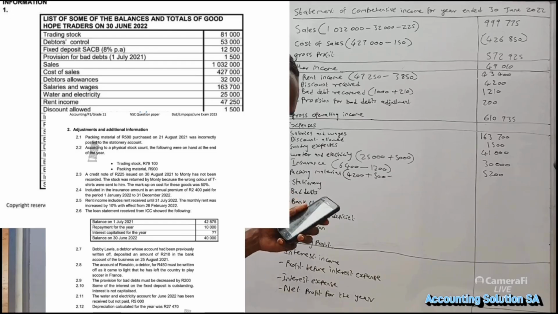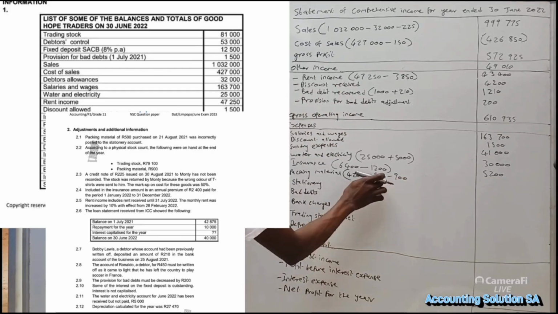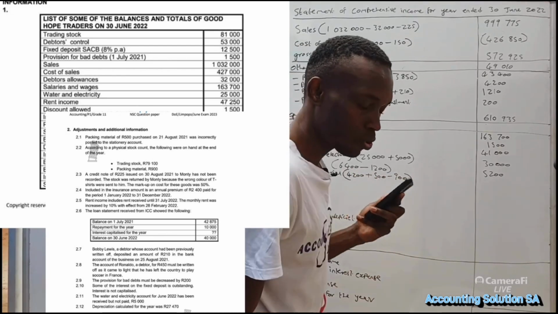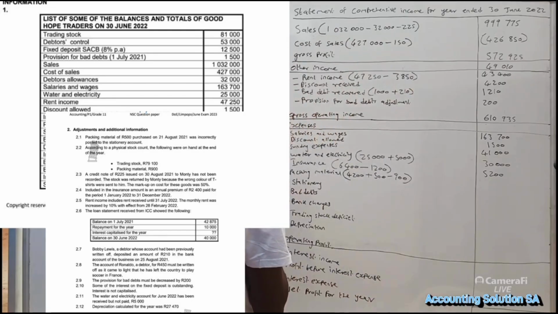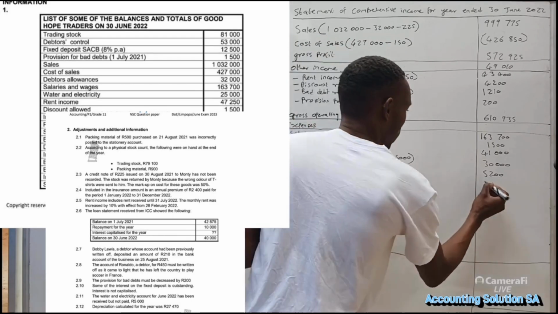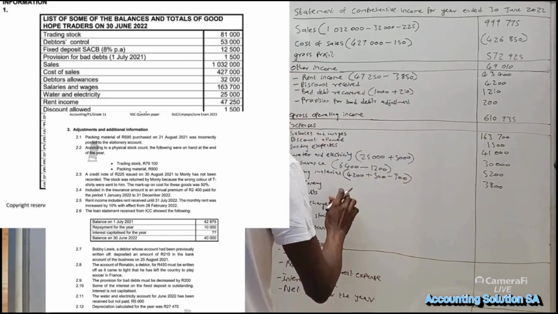And 2.2, we have packing material on hand at year end, which is 900, minus closing. Opening, purchases, minus closing. You know this process. You do it when you also do a manufacturing account. Okay, then it's going to give you 3,800. This is free marks, guys, free marks.